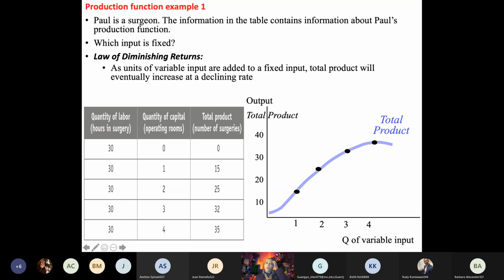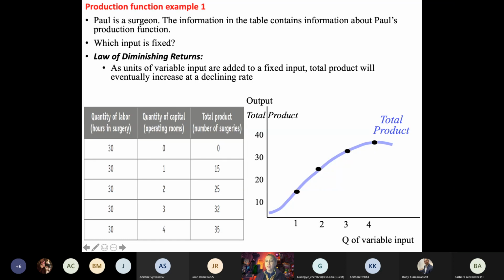So what we observe is that as more and more units of variable resource are added to the fixed input, total product, which is just the code word for our output, which can be surgeries or cups of coffee, increases at first and even at a high rate, but then the rate of increase goes down.